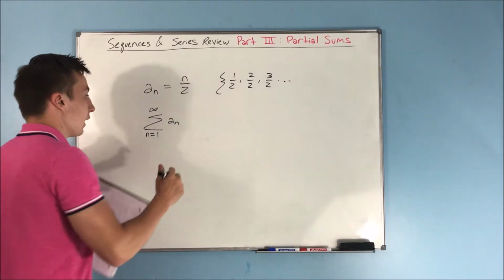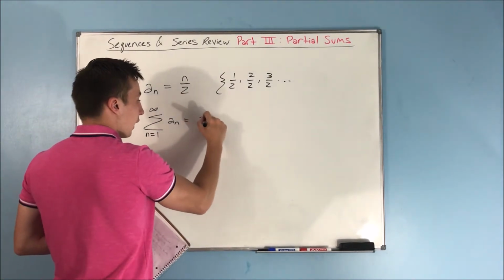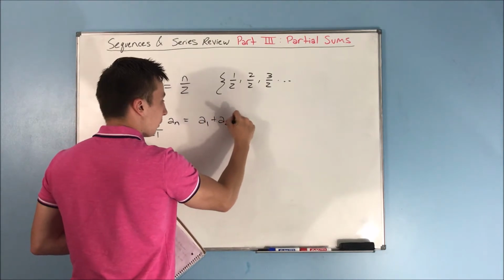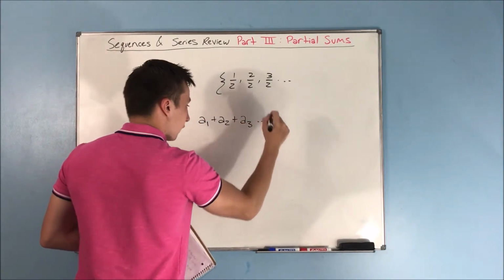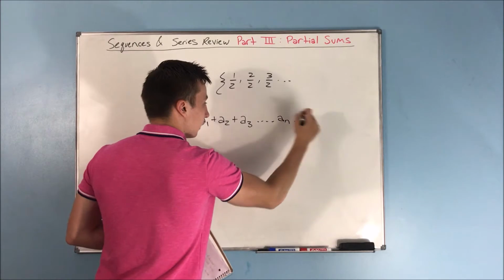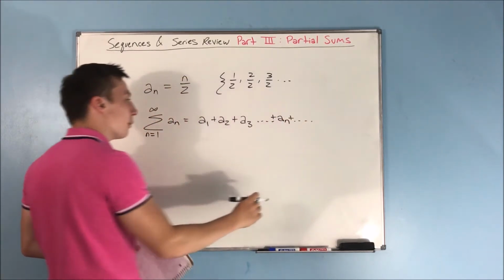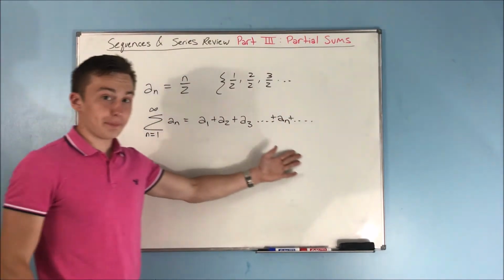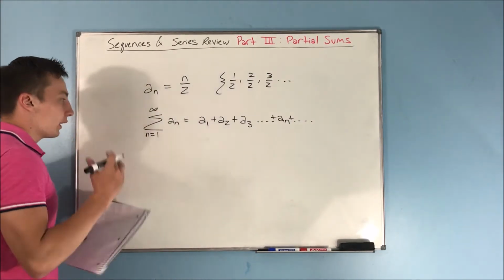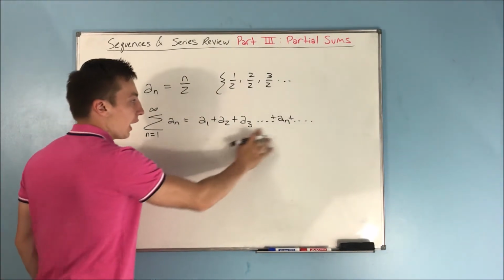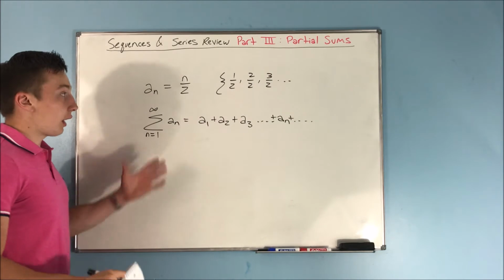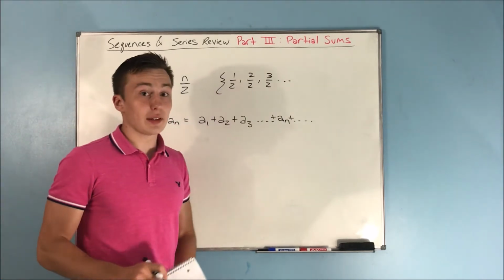Okay, and that is going to now equal a sub 1 plus a sub 2 plus a sub 3, and so on, a sub n, and so on. So now you're going to be adding these terms together. That's the only difference with a series, is now that you're actually adding these terms together rather than just having a comma separated list.